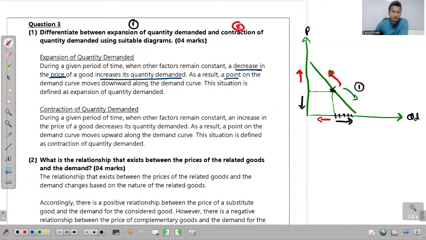As a result, a point on the demand curve moves downward along the demand curve, and this situation we recognize as the expansion of quantity demanded. And in the next one, I have explained the opposite of that. So I believe there's no requirement to explain this again. Hope you all understand that. So that's what you need to explain.